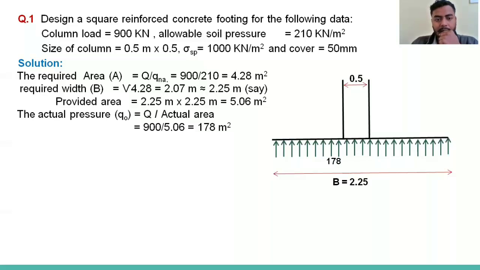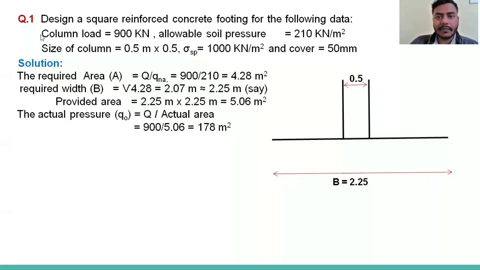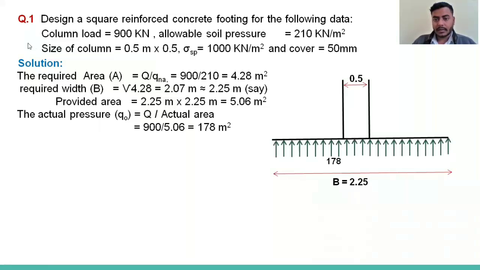Okay, this came 178. So here you can see I have just mentioned UDL, right? No, not UDL. I have just mentioned this uniform pressure, whatever the pressure will develop at the base.